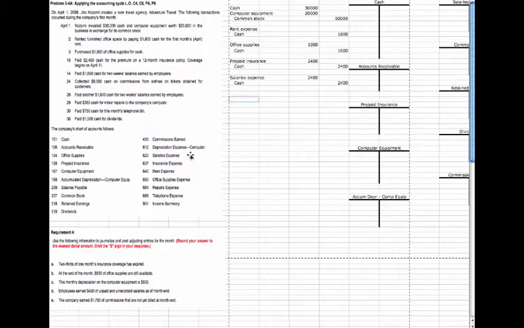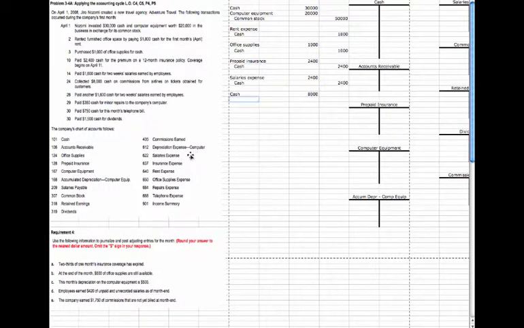The next entry on the 24th, we collected $8,000 in cash on commissions from airlines on tickets obtained for our customers. So what would happen here is that cash went up. So we're going to debit cash, and we're going to put this on the debit side for $8,000.